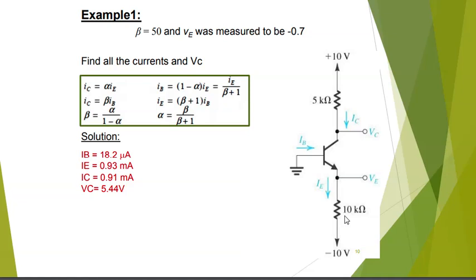So in this scenario now, your beta is not 50 anymore. Whatever value you find for IC and IB, you just divide IC over IB, and you will have the answer. I will solve an example for you to understand what I said, because before I solve the example, you cannot appreciate what is exactly happening here.